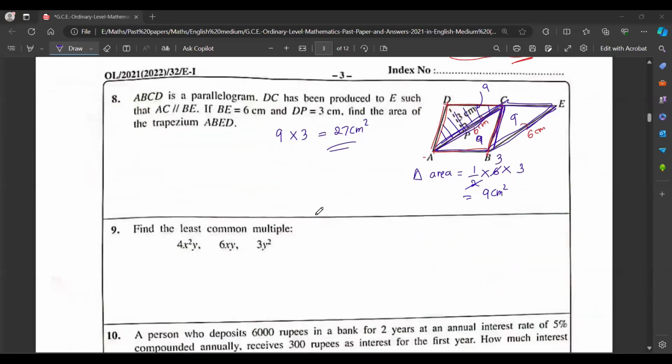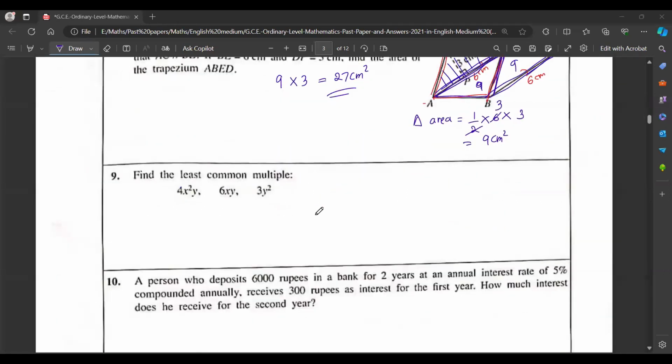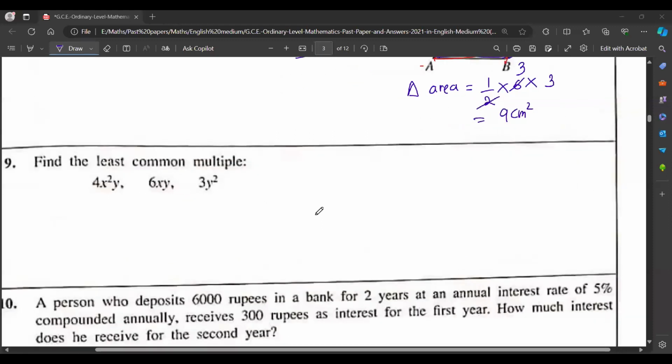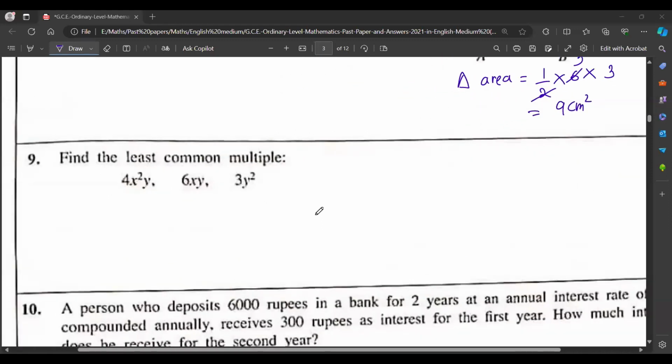It is 27 centimeters square. And now find the least common multiple. LCM, you know how to find. You can take all of these three values: x squared y, 6xy, and 3y squared. When you are finding LCM, they definitely ask you this question. This is something like the easiest question you can expect. First of all, you have to take these three values.